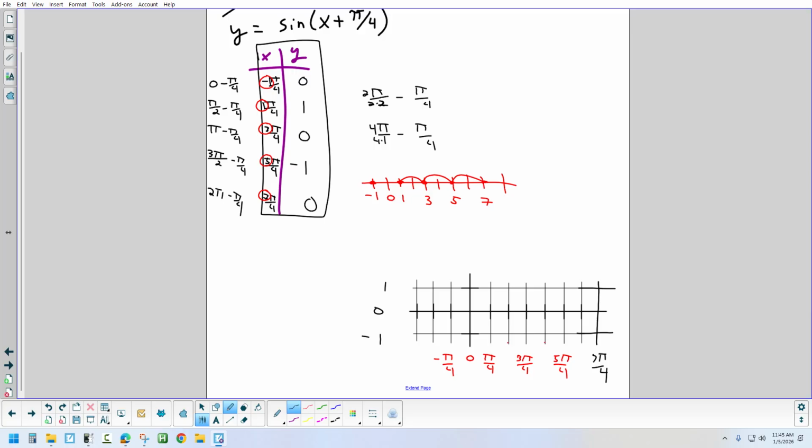Okay, so we've got negative pi over 4, we're at 0. 1, 0, -1. Just make sure I did everything right. I think that looks good. It's a little messed up at the end because I didn't use graph like straight lines to draw it, but it's okay.